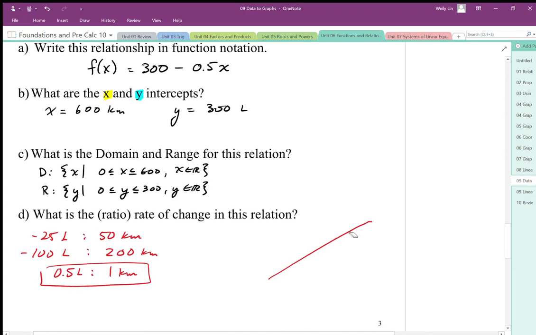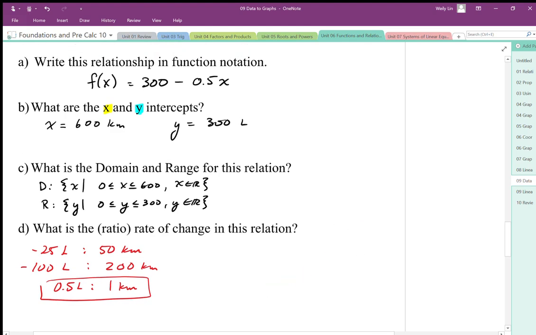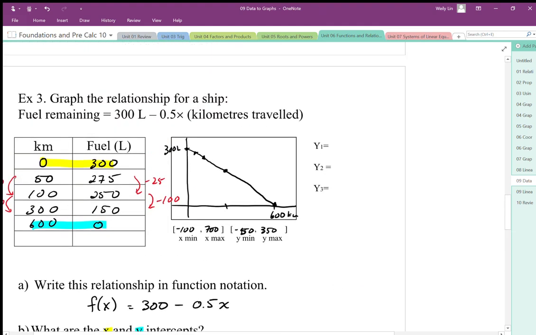Okay, and the position is going to relate to the starting amount. So in this case, 300 liters is our starting position, and it goes down 50 liters for every 100 kilometers, or 0.5 liters per kilometer, okay, as a unit rate.